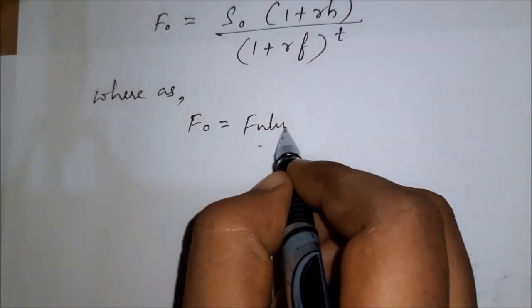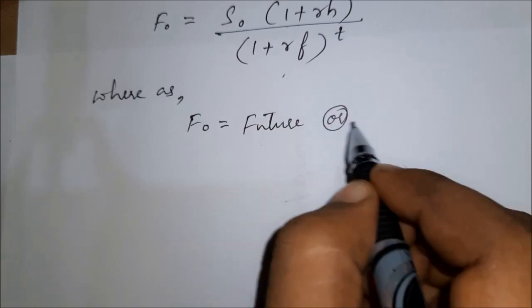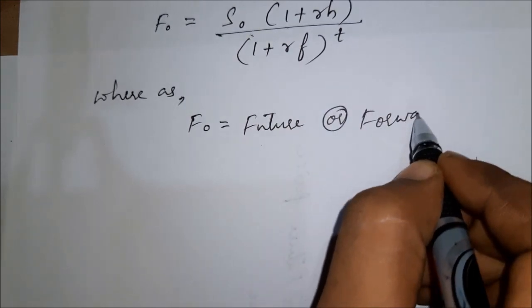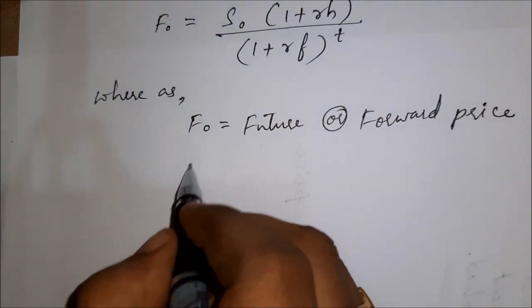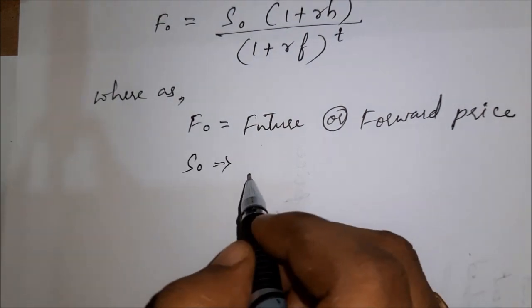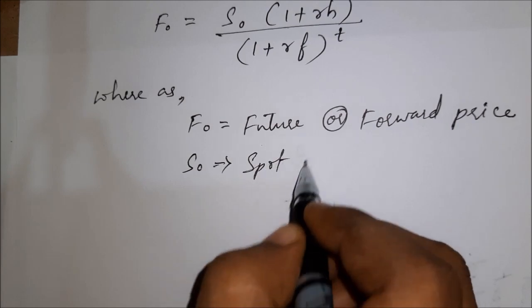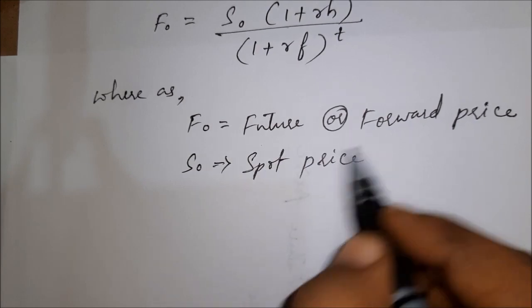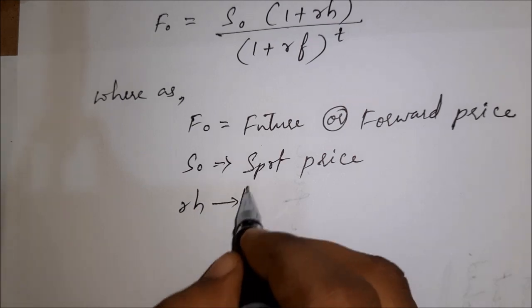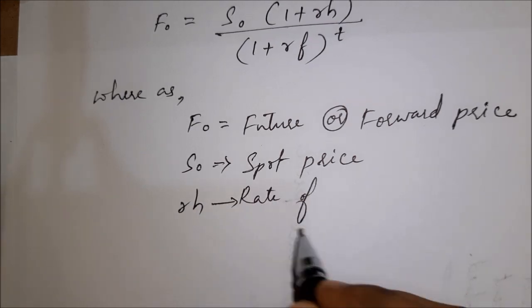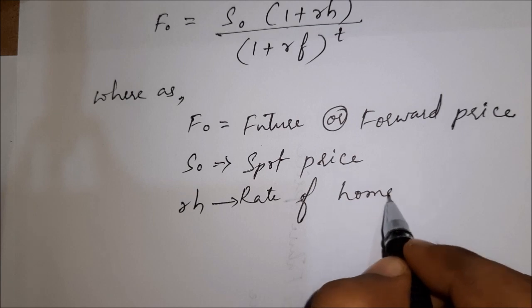In the previous video I have told what is S naught and F naught. F naught is the future or forward price. S naught is nothing but the spot price or current price.